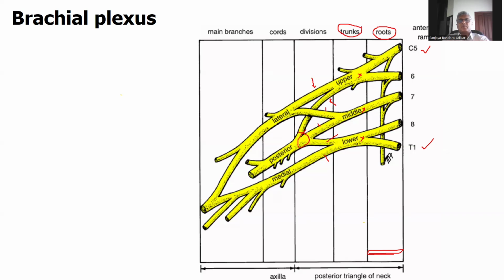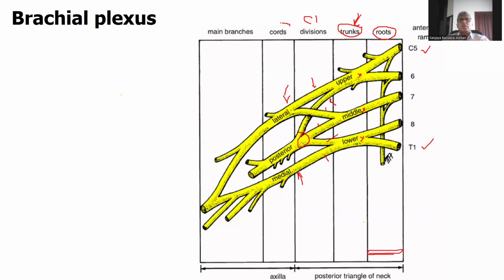The upper two anterior divisions unite and form the lateral cord, and the lower anterior division continues as the medial cord. The trunks are in the posterior triangle, and just distal to that, the divisions lie under the clavicle.